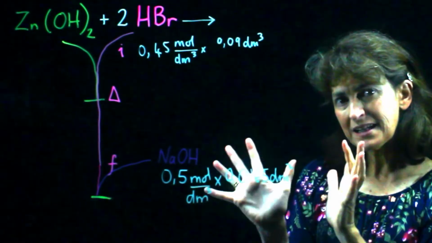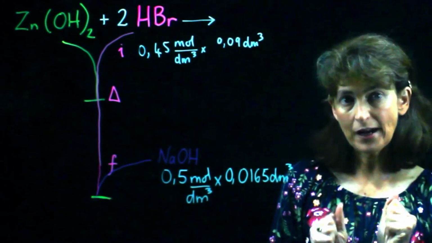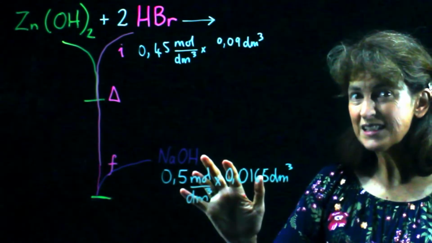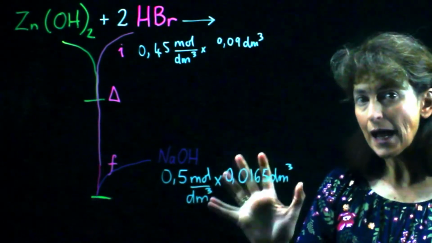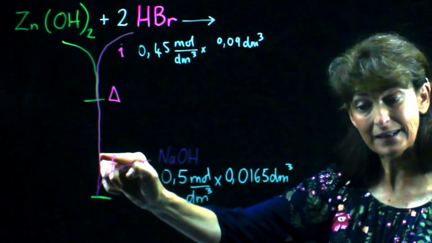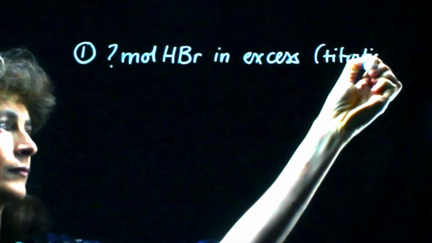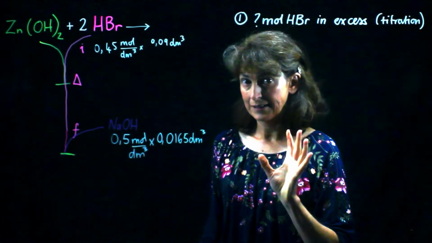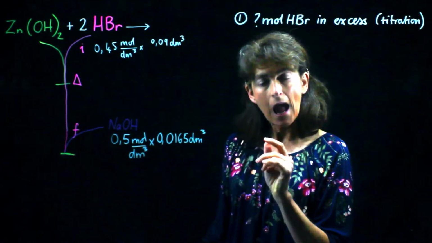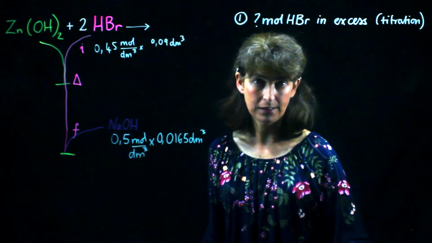From what I've just been explaining, can you see that we can break our strategy up into 3 steps? First, we must use the titration to calculate how many moles of HBr were in excess. After we've got that, we go to the second step, where we calculate how many moles of HBr reacted with zinc hydroxide.